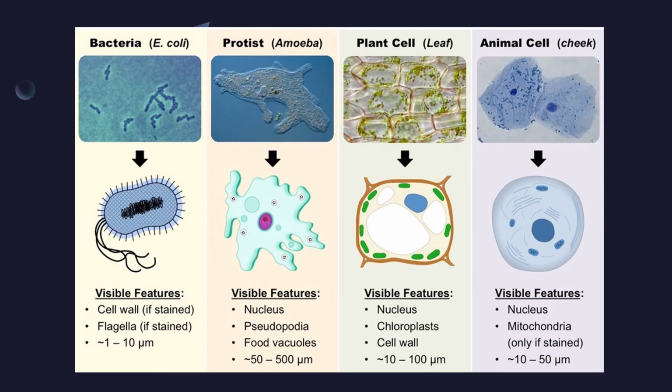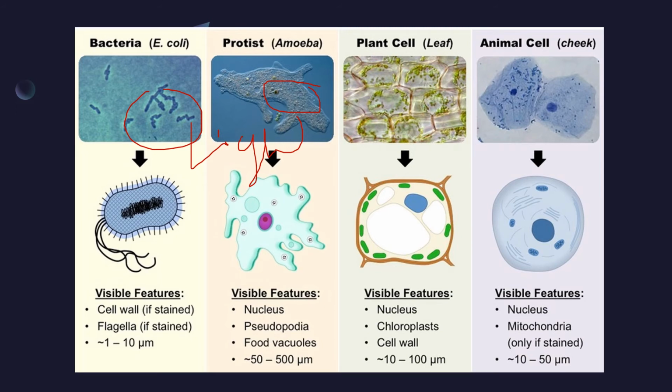Again, the same slide talking about light microscope images, how you're gonna see bacterium under light microscope, protists, amoeba in the light microscope, plant cell, animal cell. So see, I want you to look here at how much detail you are getting from the slides. You can just see the shape, right? You can see something spiraled over here.